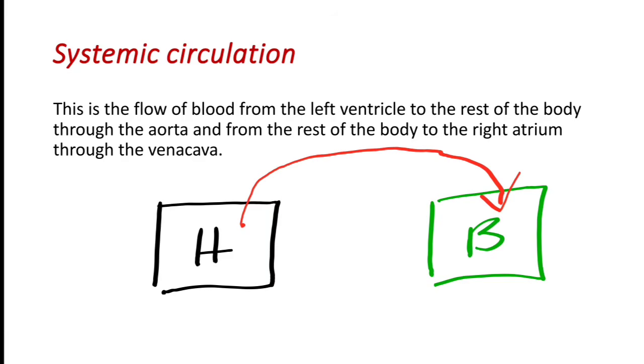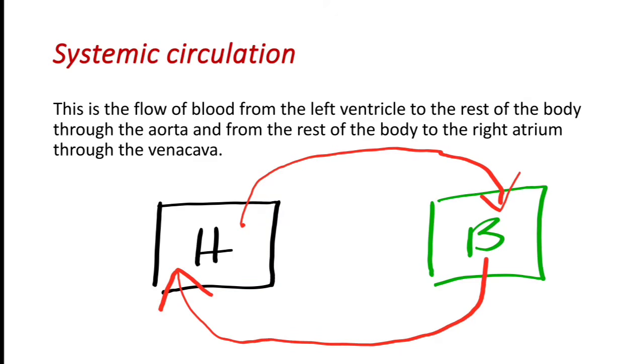So as blood is now coming back to the heart, it no longer contains oxygen. It is deoxygenated. So as blood is flowing back to the heart, it is deoxygenated. And the blood vessel which is now transporting the deoxygenated blood back to the heart is the vena cava.